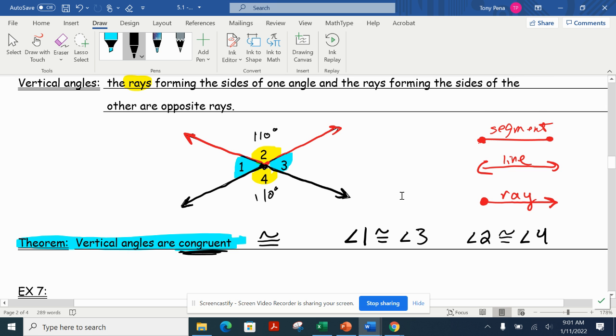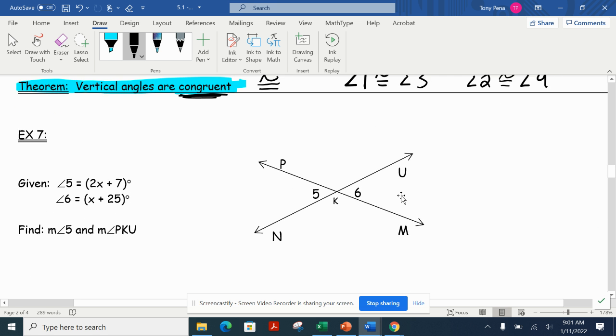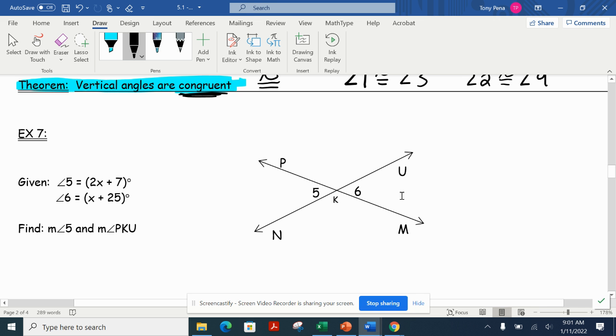And that's what these problems now get at. If you look at number 7, I'm telling you that angle 5, this one right here, is equal to 2x plus 7, and that angle 6 is x plus 25. Then I want you to find the measure of angle 5 and the measure of angle PKU.